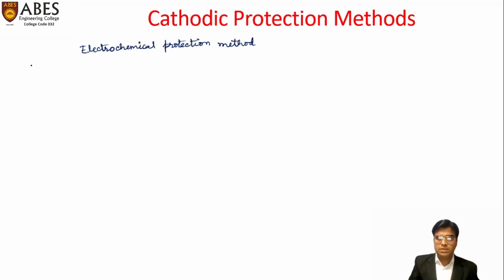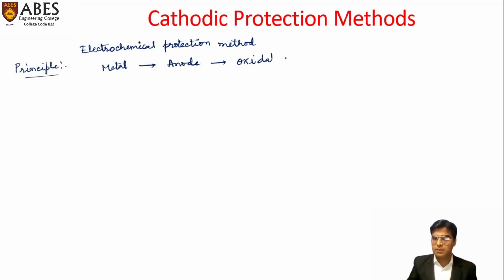So these methods are based on the principle that when a metal undergoes corrosion, it is working as anode. And anode is responsible for the oxidation process, and this oxidation process is the corrosion.